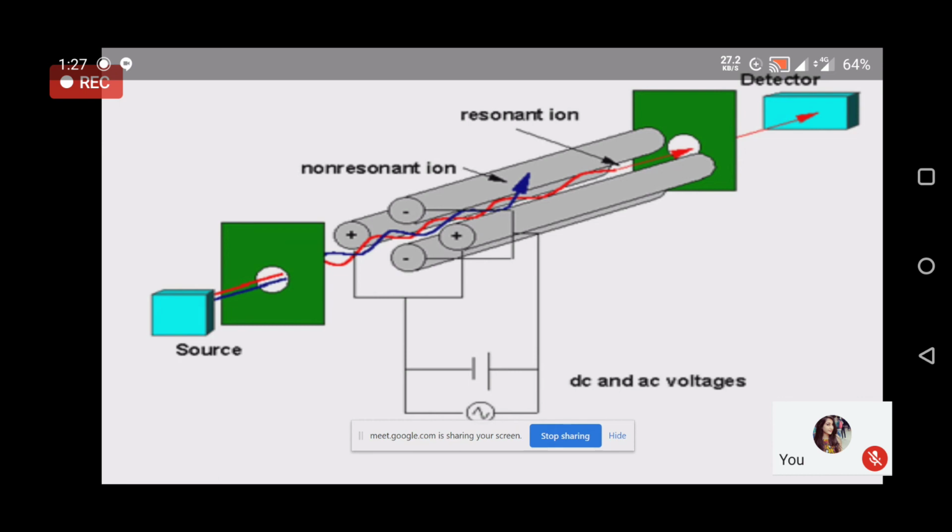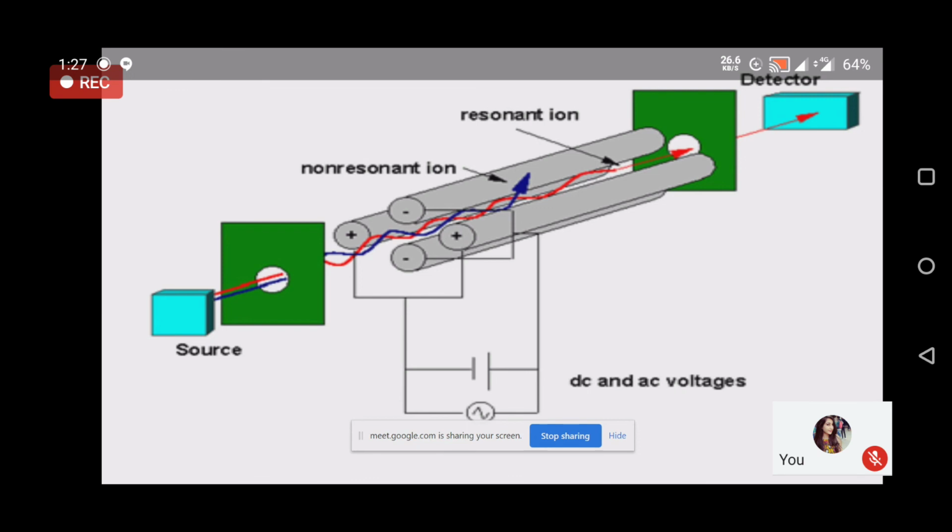So that is the basic functioning of a quadrupole mass analyzer. You cannot do it with a single direct DC potential. That's why you impose two potentials: one is a direct current DC potential and the other is an alternating current potential with a definite frequency.